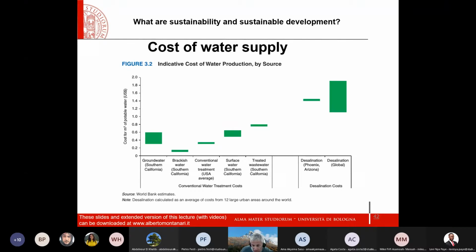Now let's move to desalination. Look at the global level indication, the global level column. You see that there is a range of variability, but still the cost is much higher than the other sources of water. Besides being a high cost, keep in mind that desalination today requires a lot of energy, which means also CO2 emissions.